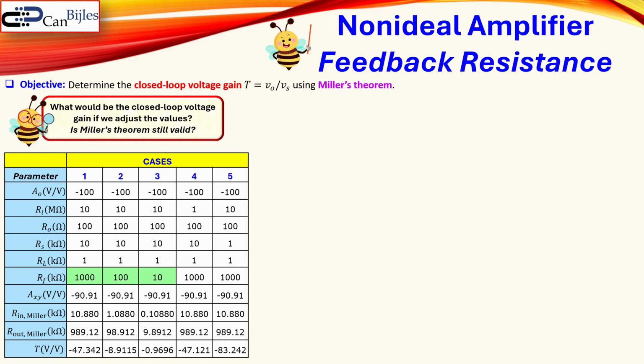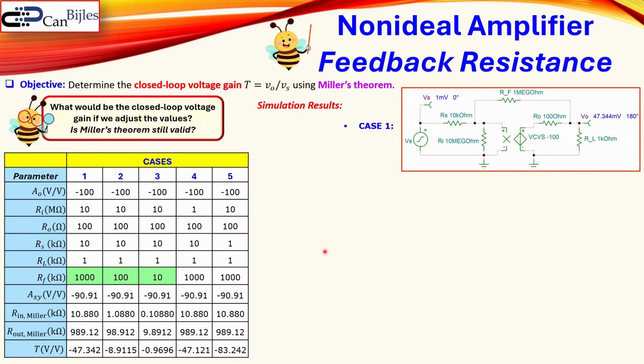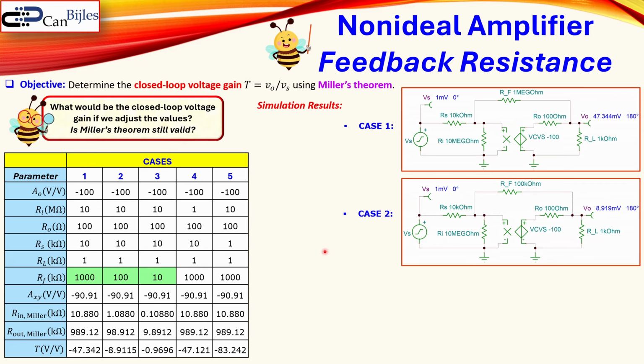So looking at the 3 cases and looking at the simulation results, case 1 is already what we have discussed. Now case 2 is what you see here, the output voltage for the situation RF is 100 kilo ohm is 8.919 millivolts. Now divided by this 1 milli, if you do the calculation there looking at the second column, it is close to what we see here.